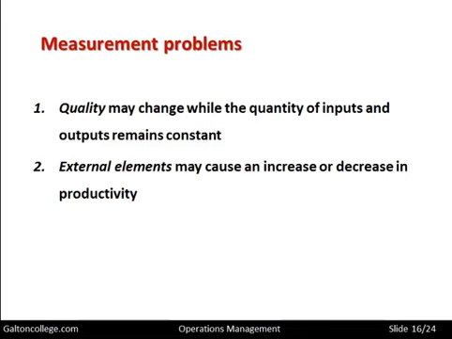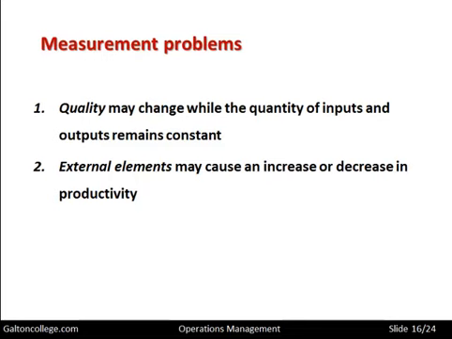External elements may cause an increase or decrease in productivity. So sometimes productivity is not down to good management on the part of the management of a business, who have restructured their production process and are now producing more. It could be that schools and colleges within the country are producing better pupils and better students who are coming to work for industry and are more productive. It could be an external element.